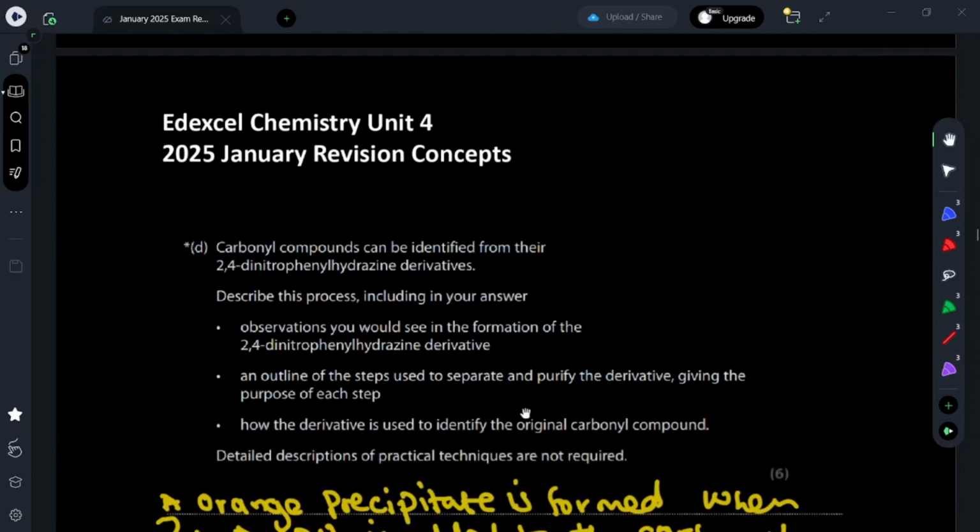Part D. Let's see. Nice question. Carbonyl compounds can be identified from their 2,4-dinitrophenylhydrazine derivatives.